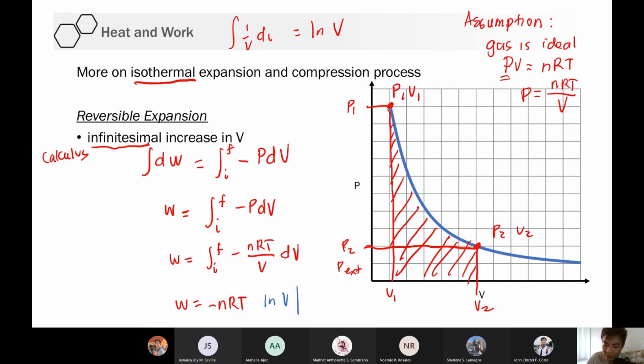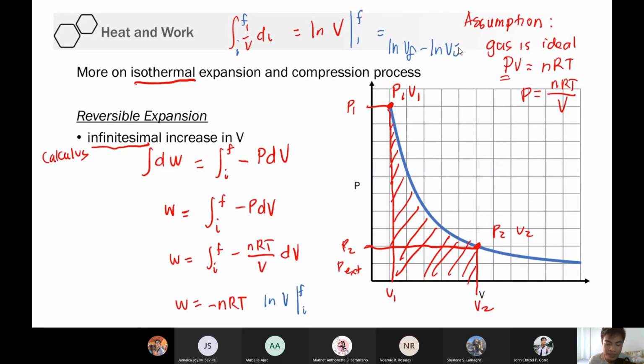But you have to evaluate it from initial to final. Meaning from initial to final, gagawin mo yan na, substitute mo yung F, no? So, ln Vf minus ln Vi. Kung wala pa kayo sa calculus, this must be new, pero madadaanan nyo rin naman to, kaya dinidiscuss ko na ngayon pa lang. Okay? Kasi matuturo din naman to sa inyo. If you're evaluating this integral, upper minus lower lang yan.